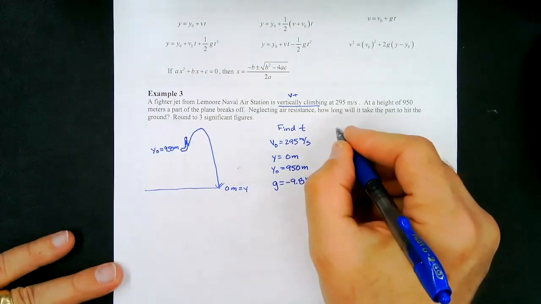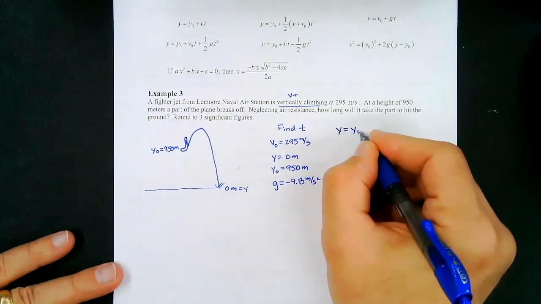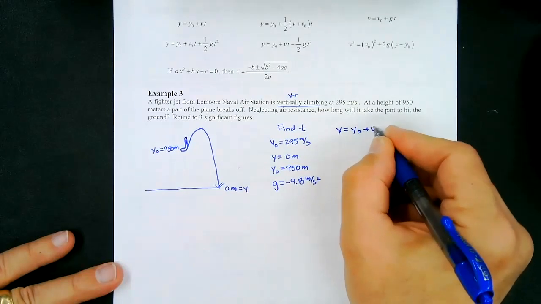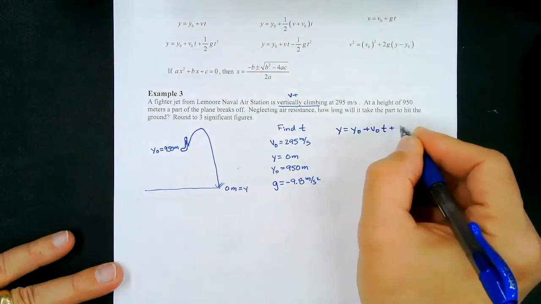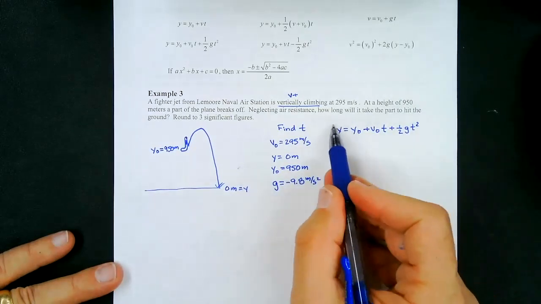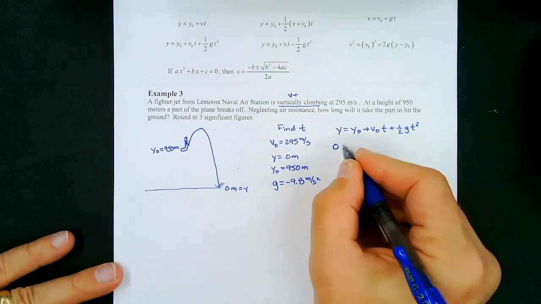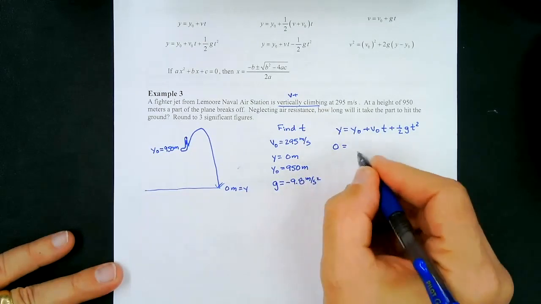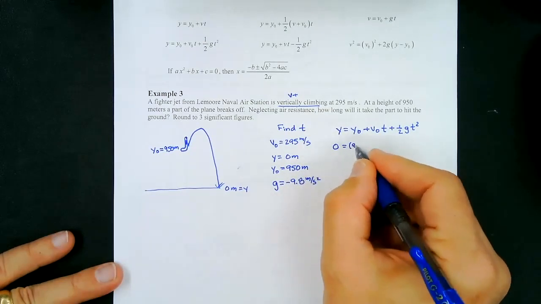Okay, so we have y is equal to y sub 0 plus v sub 0 t plus 1/2 gt squared. So I know the only thing that's 0 is going to be this one. And I know y sub 0 is 950 meters.